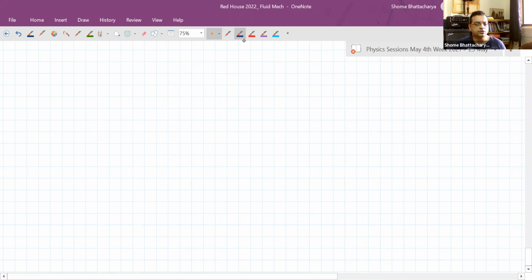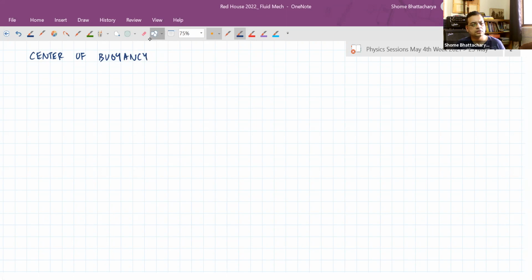So now, like that concept of center of gravity for the weight, there's also a concept of center of buoyancy or buoyant center. Okay. Center of buoyancy or buoyant center, it is like the point through which the buoyant force acts.